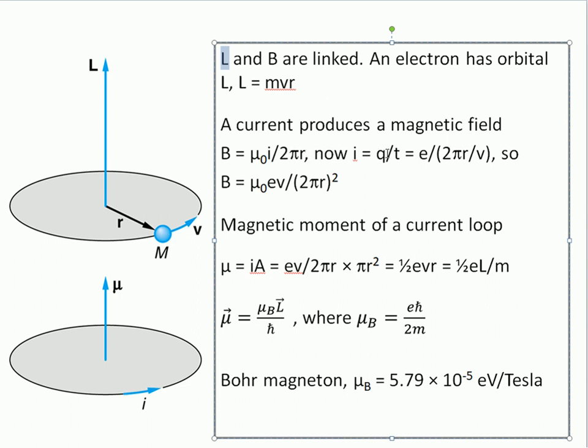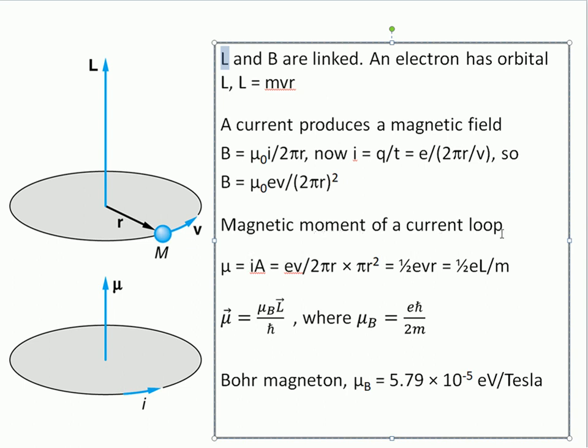Now the current is q over T. We don't have a real current. We've only got one electron going around in a circle. So it's one electron's charge divided by the time it takes for an electron to go around once, which is pretty fast. And so that's actually fairly high, even though the electron is small. And this is the formula we get.